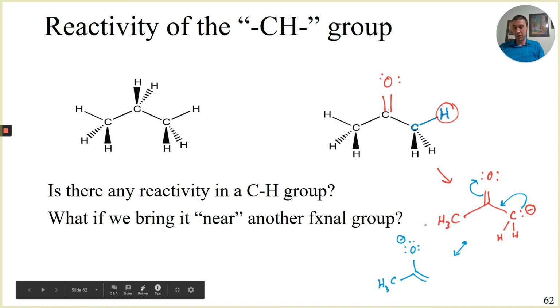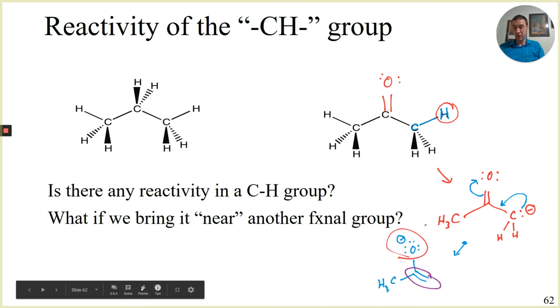Well, yeah, it's not great. Reference our alcohols, but we can do that. That is a stable structure. So what does that mean? If we have a carbon-hydrogen bond next to a carbonyl, that hydrogen becomes acidic, and it now introduces a whole new world of reactivity. That whole new world of reactivity is something that we have already addressed, and we'll look at here in the next slide.